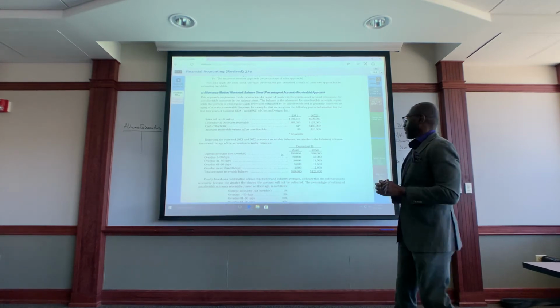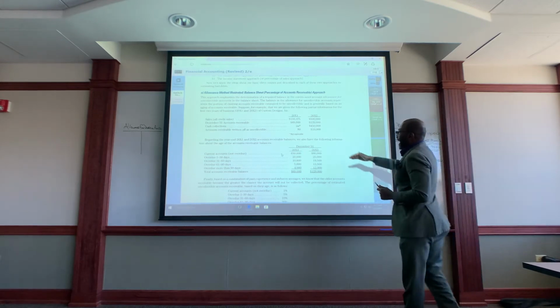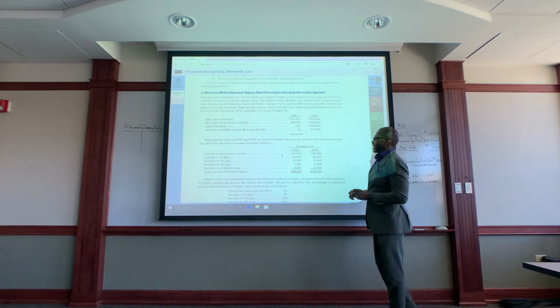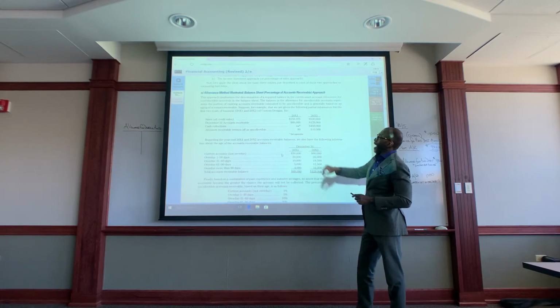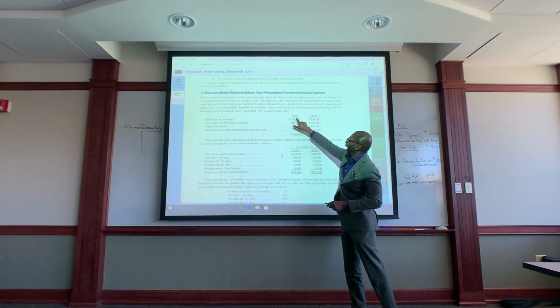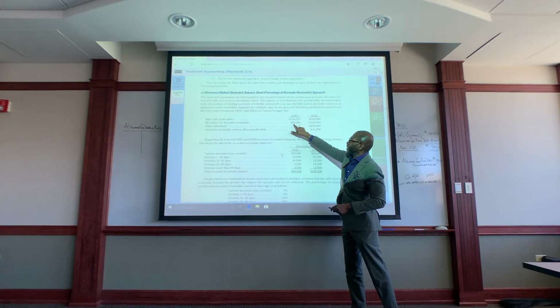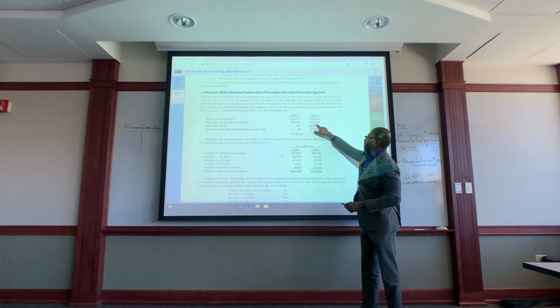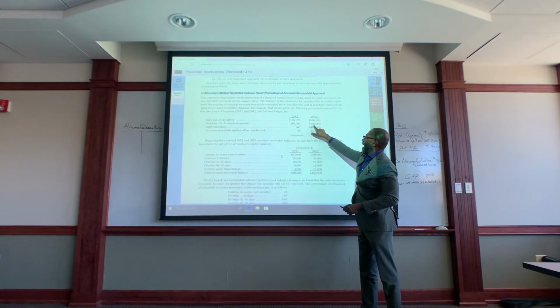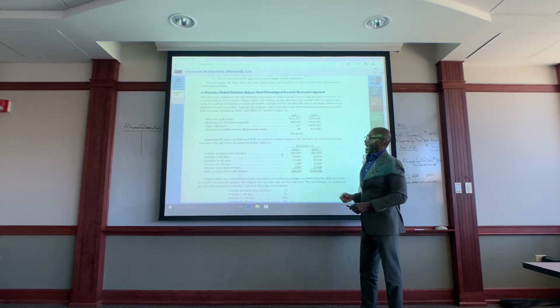Let's look at an aging. The aging says, let me look at accounts receivable. In this problem, the accounts receivable at the end of X1 under the control account was $89,000, and at the end of X2 it was $129,000.